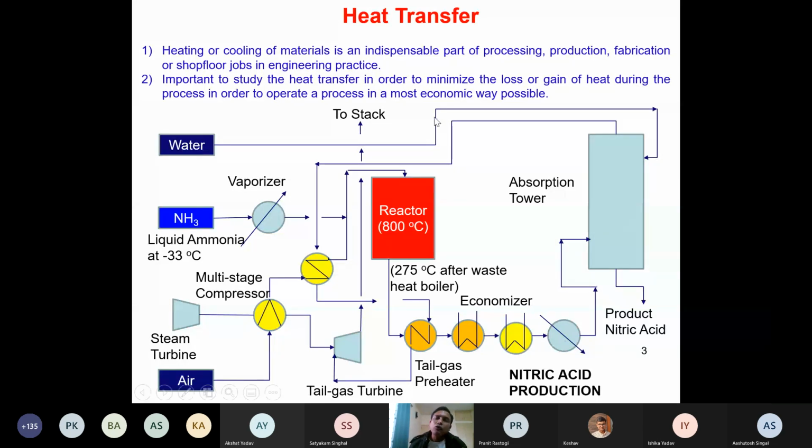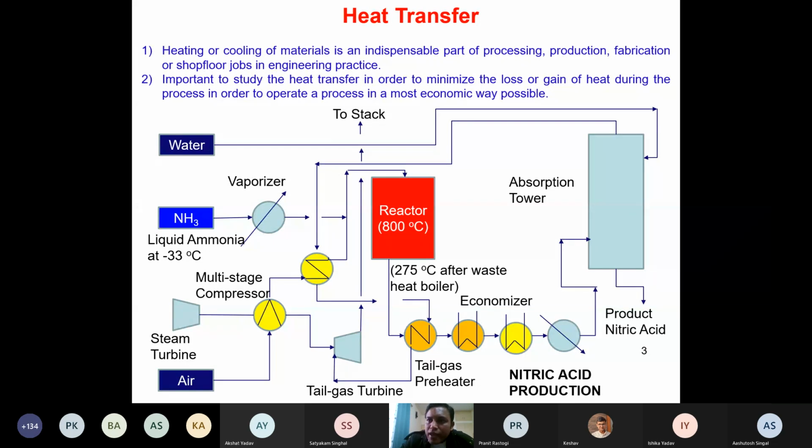Okay, so how is the nitric acid produced? In general, the ammonia is stored at atmospheric pressure and around -33 degrees Celsius in a cylindrical storage. Okay, so clearly the ammonia is stored in a liquid state, because that facilitates better storage.